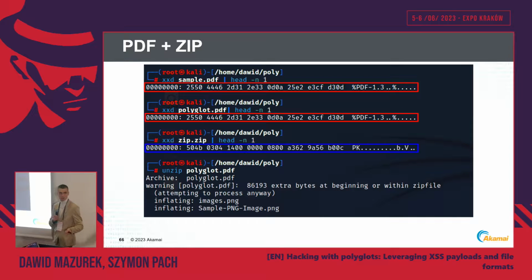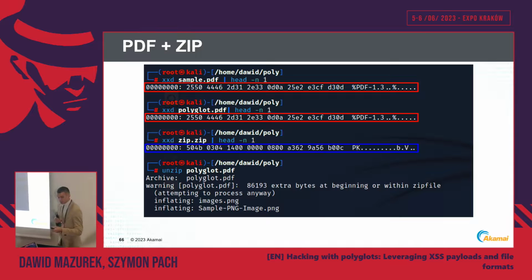During the first part of my presentation, I showed you that archive types can be combined with a lot of types of file. We can easily do the same with Java. We can easily create an HTML plus jar file with the same operation as here, and we are getting multiple possibilities to use our files.